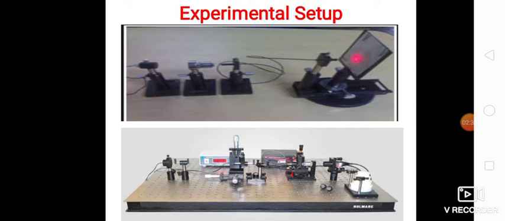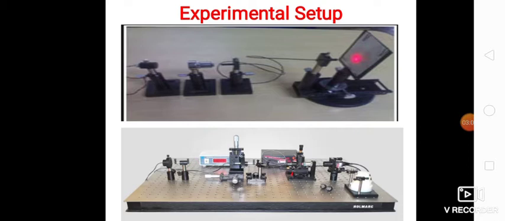That plate is a very important component in our experiment setup, and you can see here red color spot is there in the form of circle, and we are going to measure the diameter of that circle. And also you can see that the plate is moving. We can move that plate, and after movement, as you all know, the spot size is going to increase, means diameter will increase.